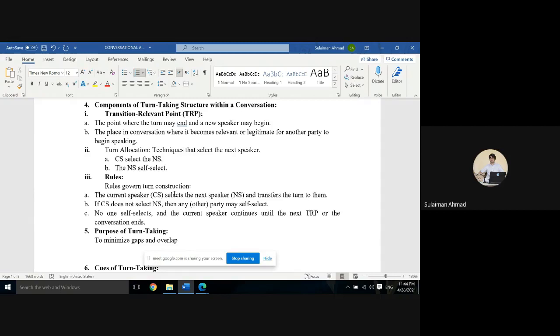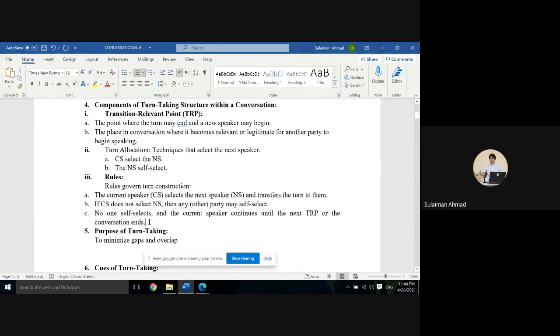What will happen? Another person may self-select, like Fuad Amin or Sabanur or anyone else may take the turn. They may either interrupt Arusa, or it might be non-interruptive simultaneous speech, but still the next speaker will self-select. So that is what we call next speaker self-select, right? The current speaker selects the next speaker, or the next speaker self-selects. So these two rules are there.